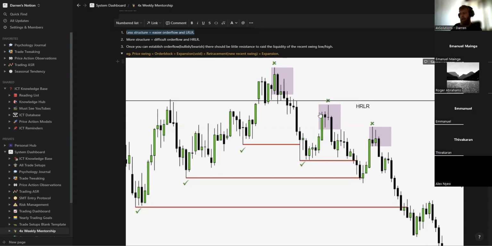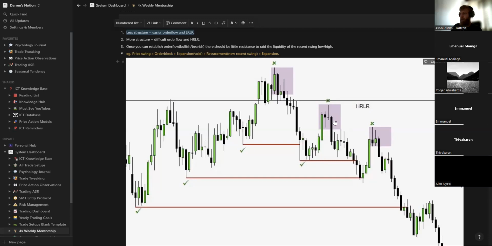Okay, and again, price then made this swing high, this structure over here, and then expanded again, not only through the low over here that was recently created, but the low over here. So that's a shorter term low, and this is an intermediate term low. And then price expanded through, took the liquidity, retraced.